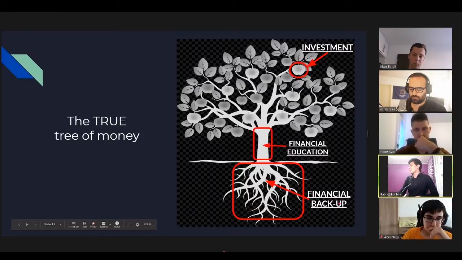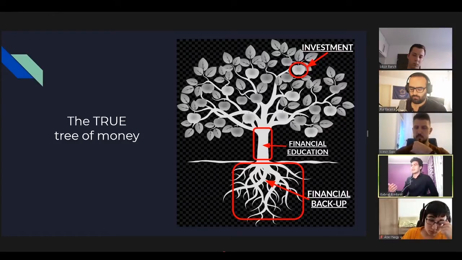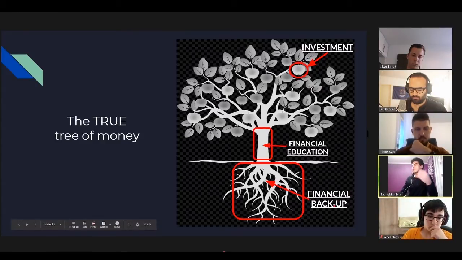This financial backup needs to cover 6 months of the same lifestyle that you have. If your income is not available, if you have no income, your financial backup will sustain you for 6 months. Is it clear?